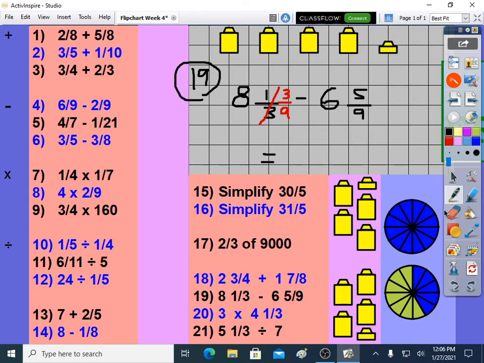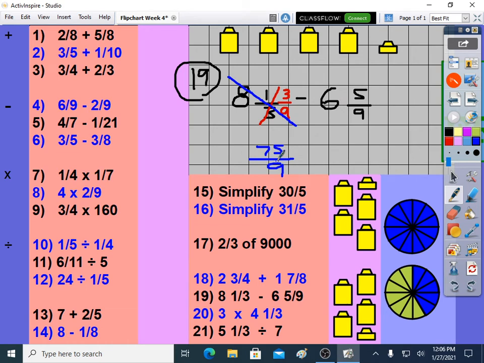So in this situation, I think I'll just change everything to 9ths. So the 8 and 3/9, I'm going to change into just 9ths. How many 9ths in 8 whole ones? 9 times 8 is 72, and there's 3 more there. So crazy, but 75/9 is what I'm going to change this whole side into.